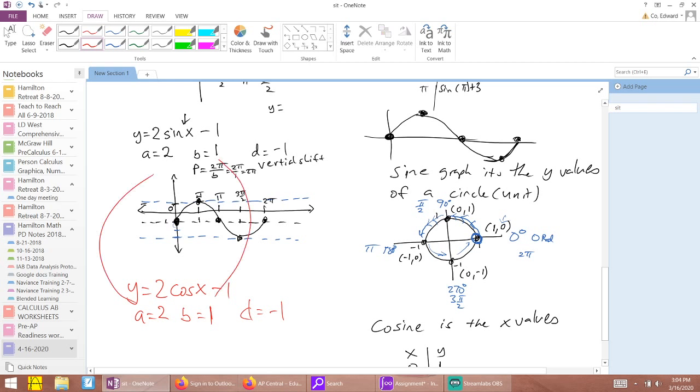Same a, same b, same d. So d would still be here, b would still be at 2 pi, and a would still be this whole section right here, up and down 2. All the characteristics would be the same.